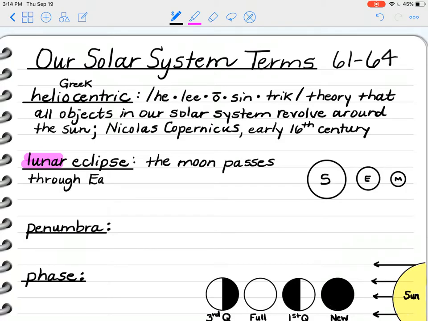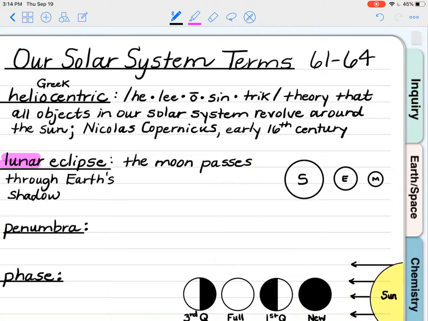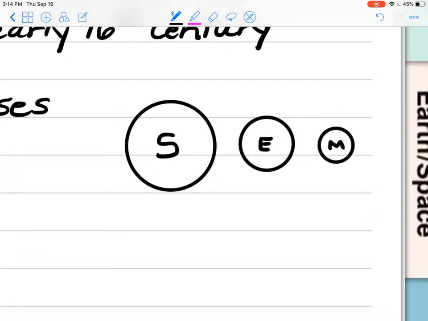And I drew a picture for you. I do want to go ahead and add some color to this picture because I want you to understand something very important. Of these three, the sun, earth, and moon, only the sun is shining. The sun is a star, it's burning, and that's why it has light.